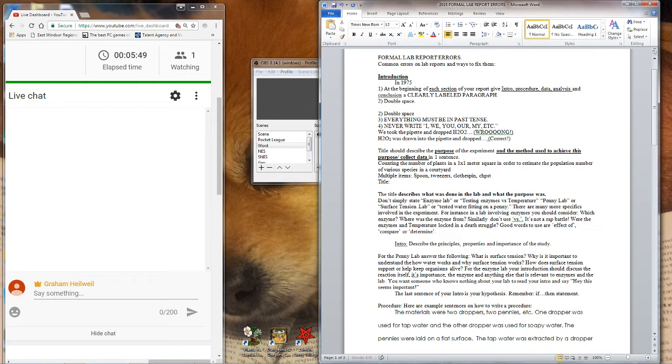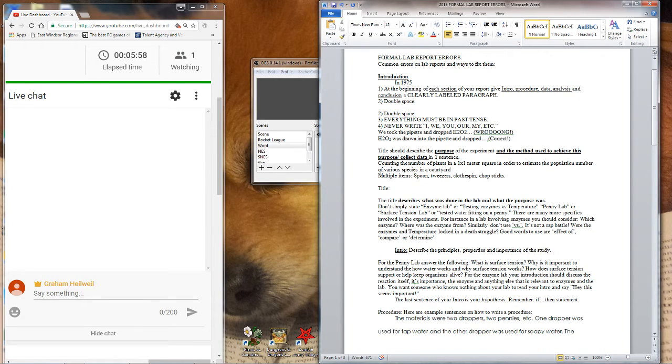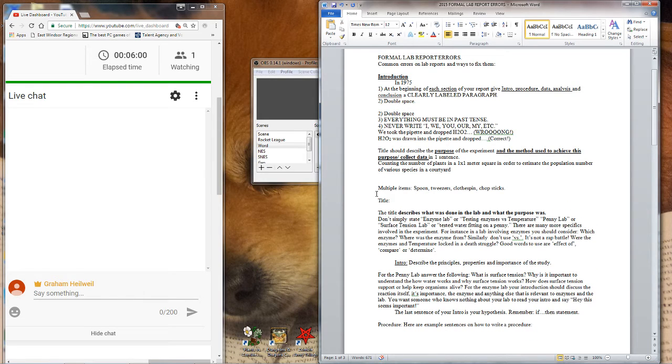That's right. Chopsticks. Okay. So we had those items. This is our beak lab that we did. So these items served as beaks. That's what they were.